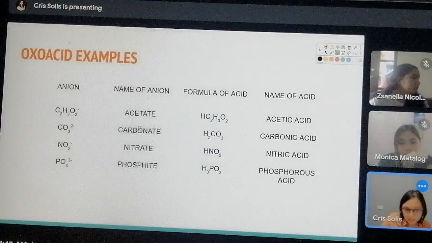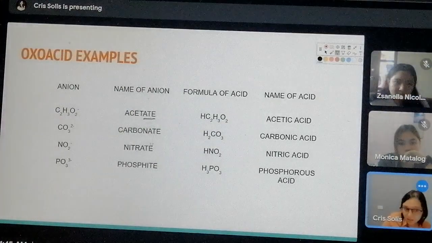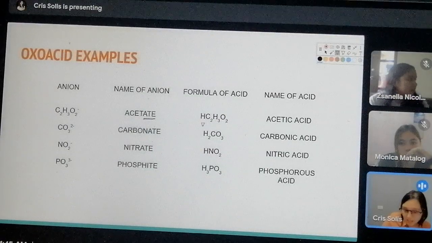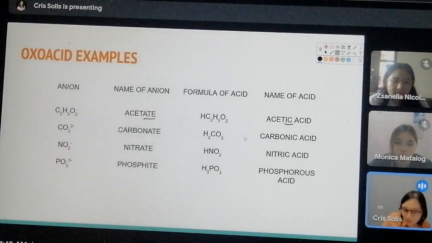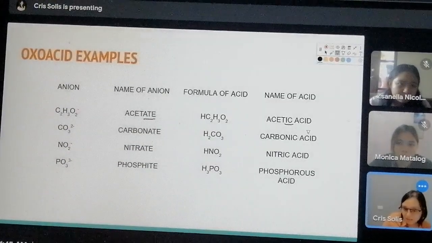More examples. Acetate, which we used earlier, ATE. For the formula, we just add hydrogen. For the acid name, we change ATE into IC, so acetic acid.